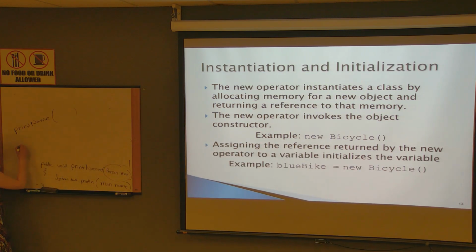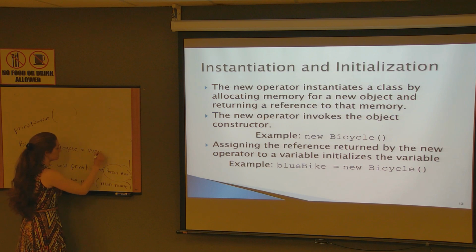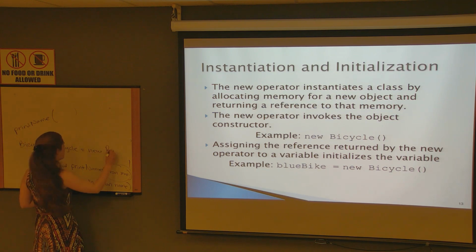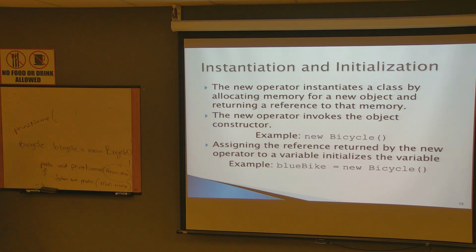Because lots of times developers will do something like this. They'll say, what are we doing here? They'll say bicycle, and then they'll actually say bicycle. And they'll say equals new bicycle. And then somebody like me comes along and says, right? But if you think about it, right?